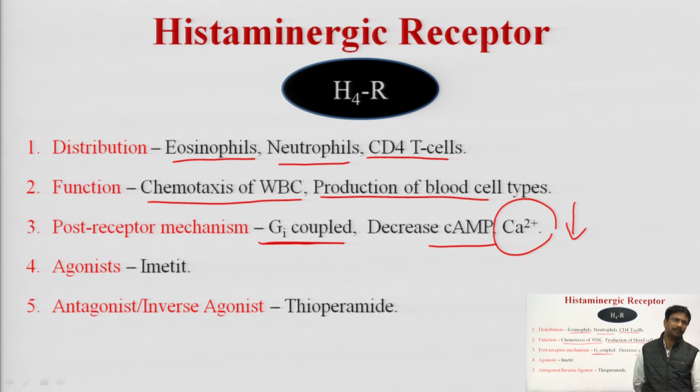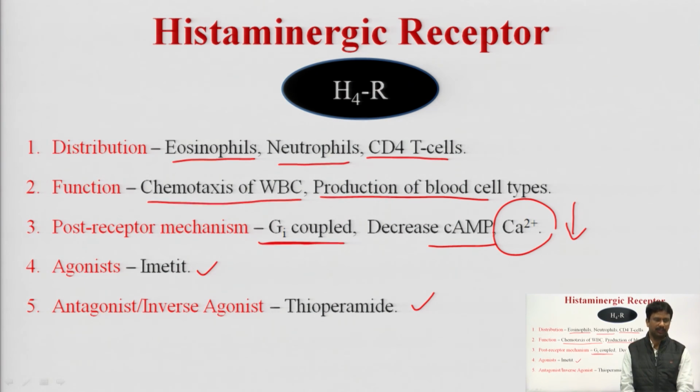Now, imetit is the agonist of the H4 receptor, whereas the antagonist is known as what? Thioperamide. So, I think this is all about today's lecture. You will be able to explore all the concepts of the autacoids and histamine.